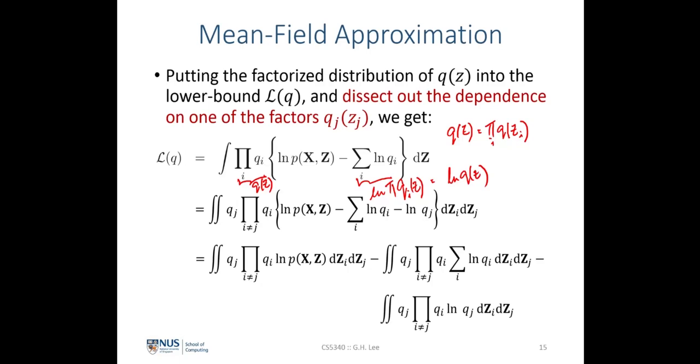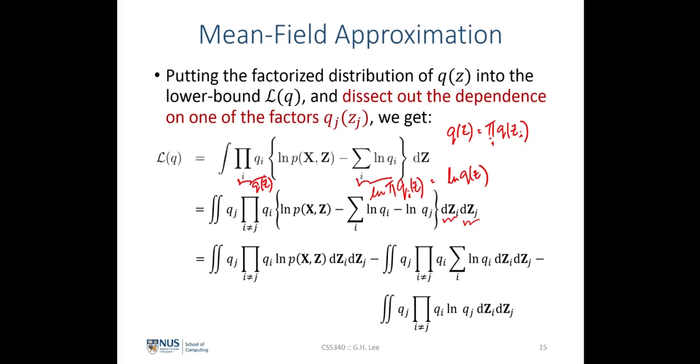And after we have plugged this equation, following the mean field approximation theorem, into the lower bound, we will then split the disjoint sets of z, the random variables, into two sets, where we denote one as zi as well as the other set which we denote as zj.